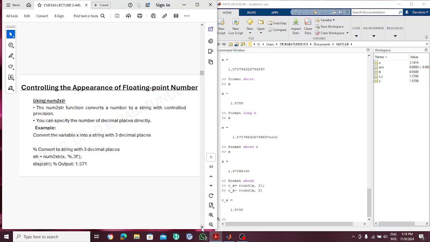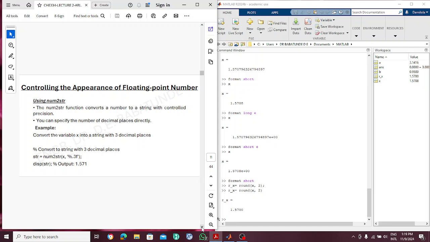Also, we can use num2str to control the appearance of a floating number. Num2str can be advisable when you are writing into a file and you need to convert from numeric version to string, and it also gives you the advantage of controlling the precision of the result.